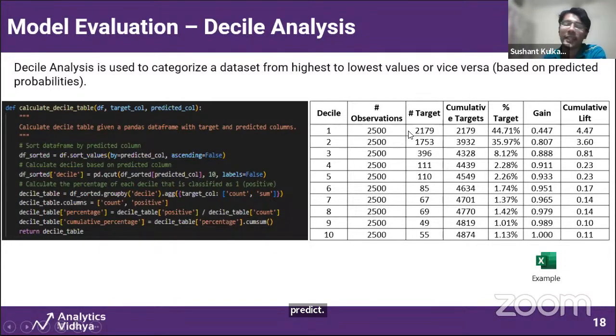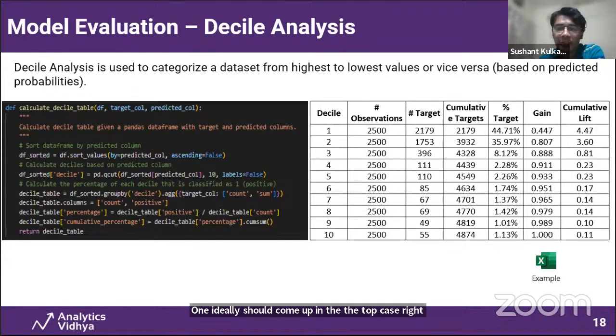But in any model or the real world, you don't have 100% accuracy, right? The model will only be able to capture based on the amount of information it is seeing. It will capture some, and some of them will slip through.